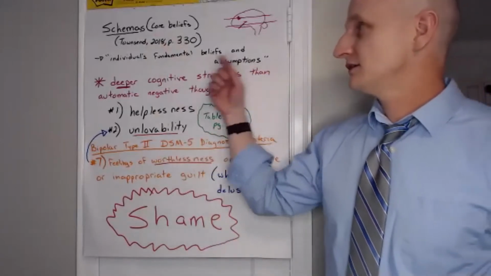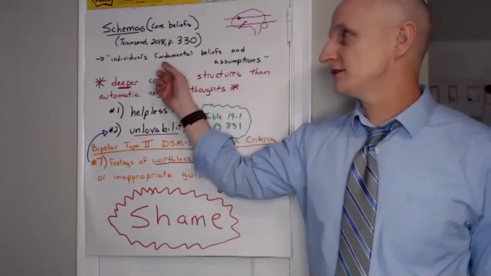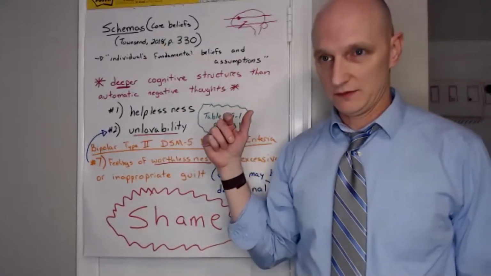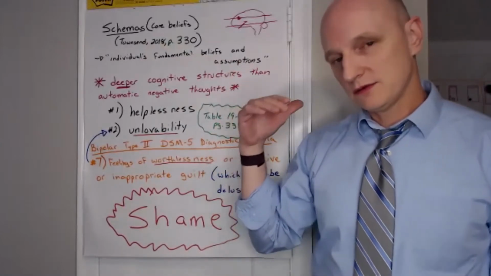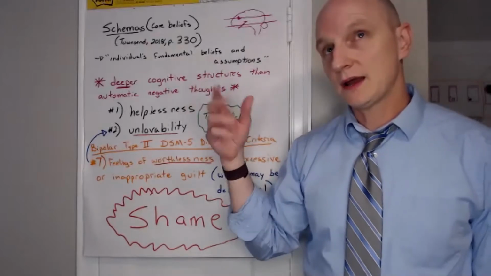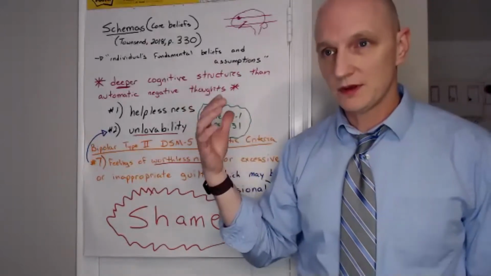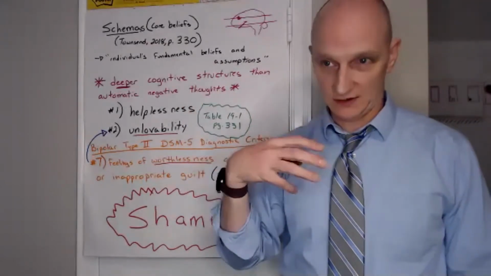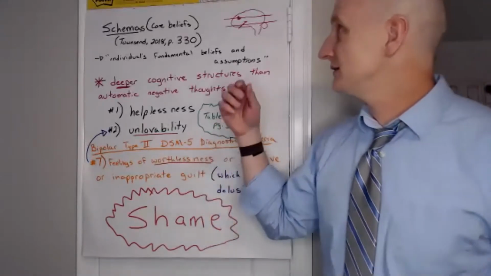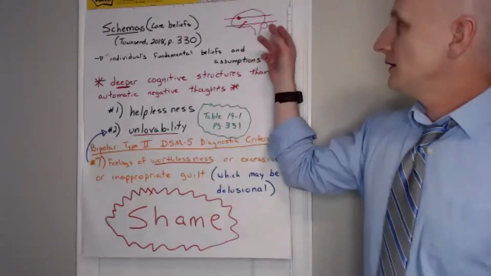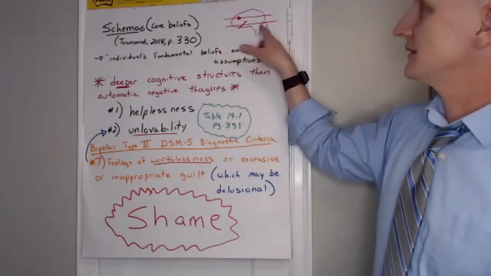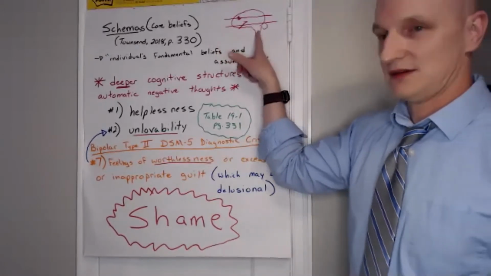A schema is a person's fundamental beliefs and assumptions, sort of their primal paradigm or worldview, how they view themselves. If I drew a little brain up here, this is a brain, that's a brain stem.